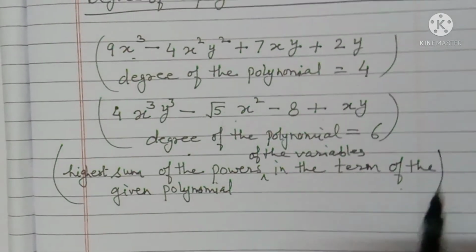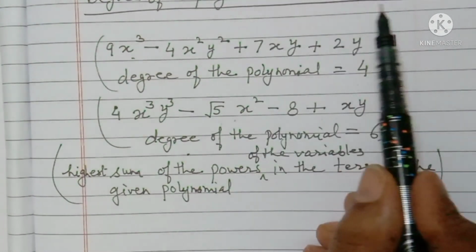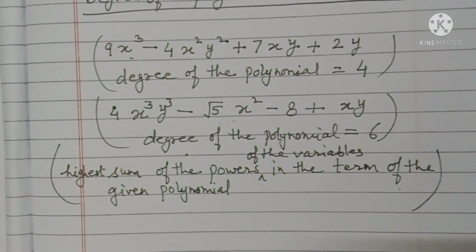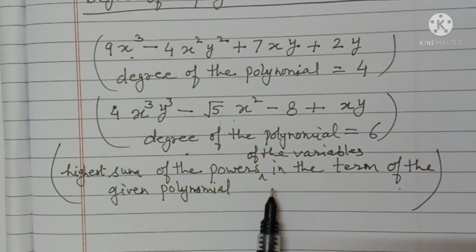So this is the concept to find the degree of a polynomial in two or more variables. Now we will understand it better in the exercise when we solve the questions.